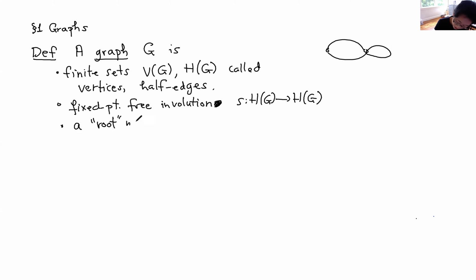That's just my private terminology. That assigns a vertex to every half edge. And now you can try to make this definition agree with maybe a previous definition you may have had of a graph in your head. So in this graph, you see I have 2 vertices, 6 half edges.